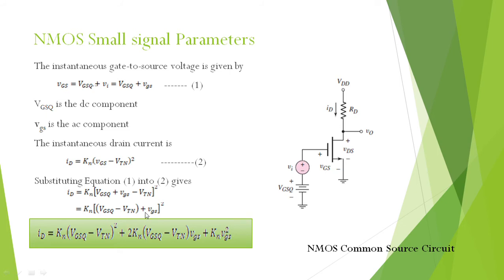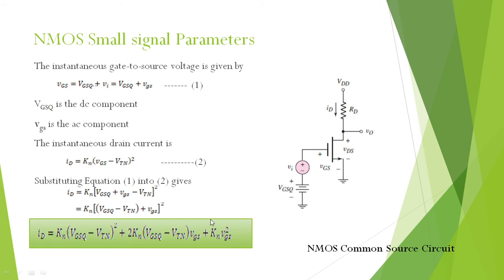This gives the formula of A plus B the whole square. If we expand this drain current equation, we get ID equal to Kn into VGSQ minus VTN the whole square, that is A square, plus 2AB, that is 2Kn into VGSQ minus Vtn into vgs, plus B square, which is given by Kn into vgs square.